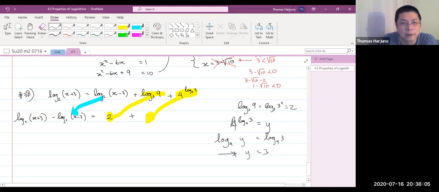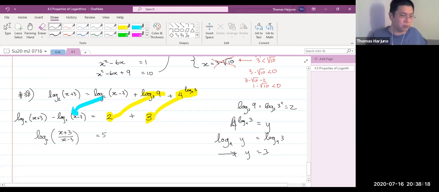This is 3. Now on the left-hand side, we have a difference of logs. That's log base 2 of the quotient equals 5. Oh, Thomas, what should I do from here? Well, you have a log on one side and a constant on the other side, without a log, to be more precise.